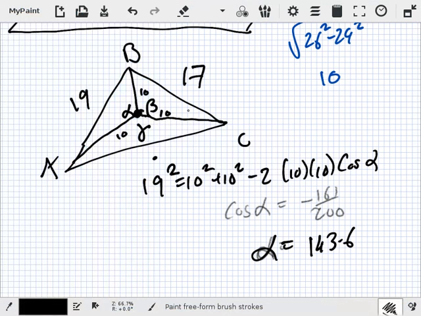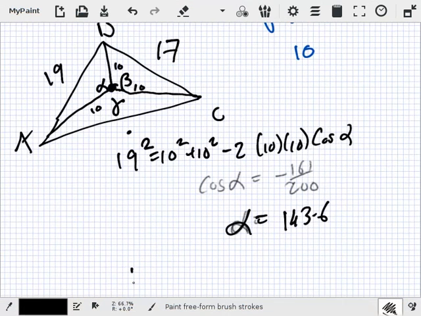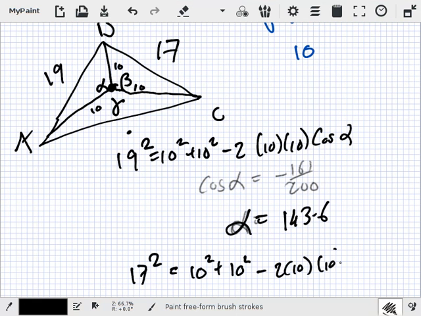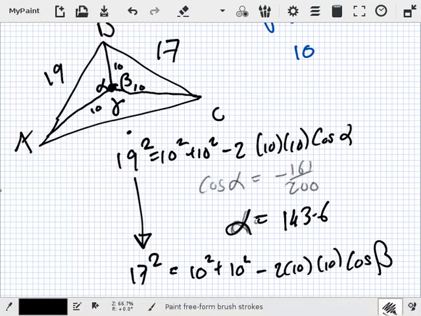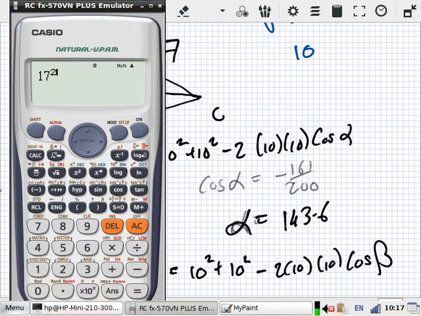Right, let's do the same thing and get the beta. So I can say 17 squared equals 10 squared plus 10 squared minus twice times 10 times 10 times cos beta. Nearly the same thing, isn't it? The only difference is 17 instead of 19. So let's see. 17 squared minus 10 squared minus 10 squared divided by minus 200.